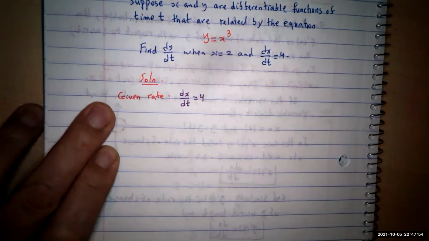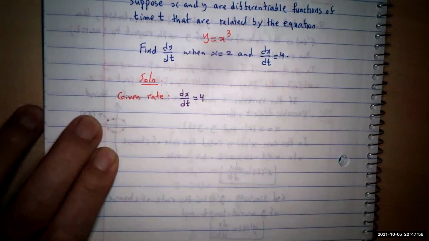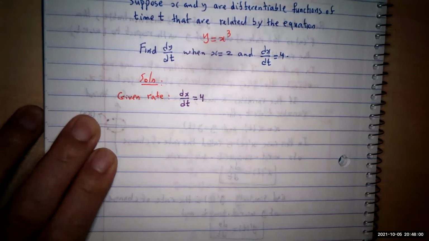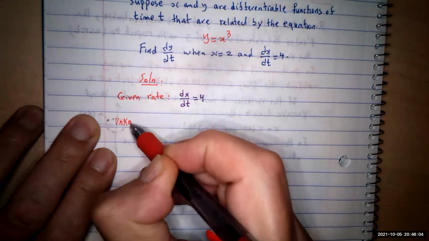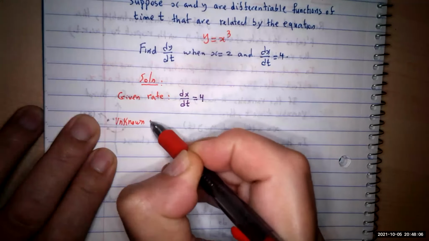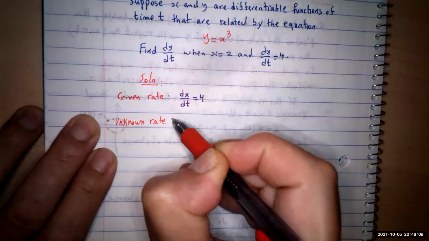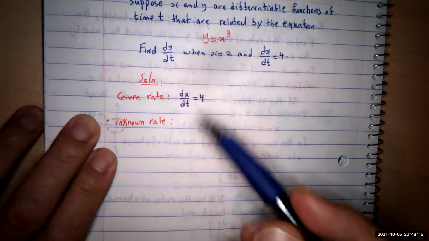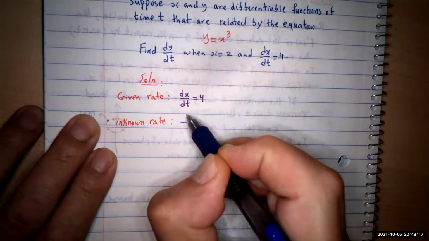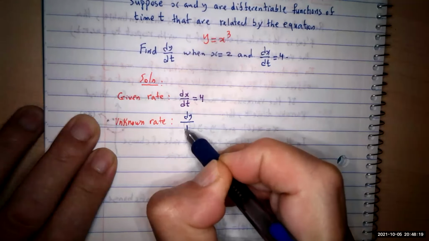So you identify the given rate. There is going to be one that you have to find, the unknown one. So what is your unknown rate? In this case, it's clear. The given one is dx/dt and the unknown one is dy/dt.